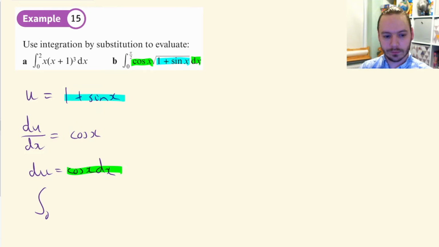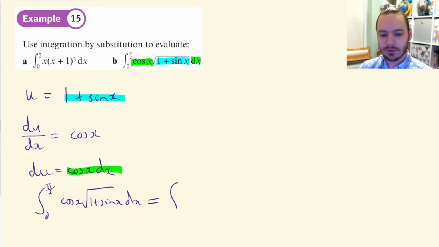So the integral from 0 to pi over 2 of cos x root 1 plus sine x dx is equal to the integral of cos x dx becomes our du, and 1 plus sine x becomes our u, so it's root u du. But I need to just reorganize my limits now.